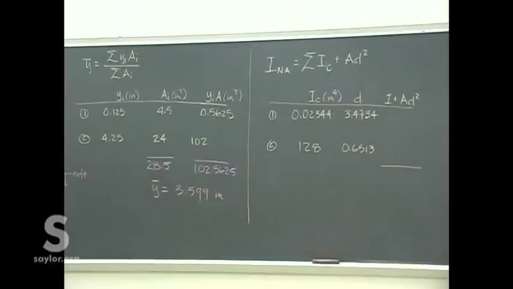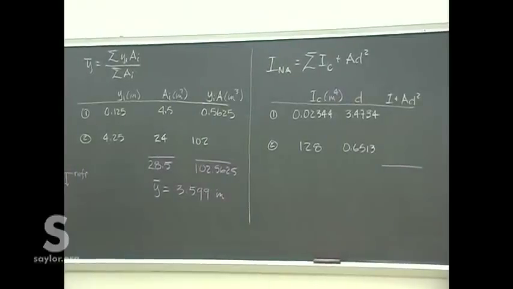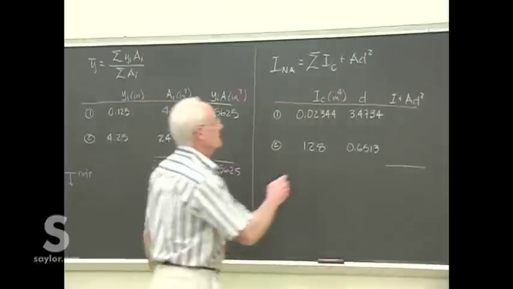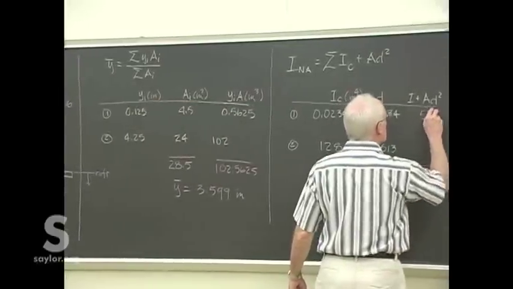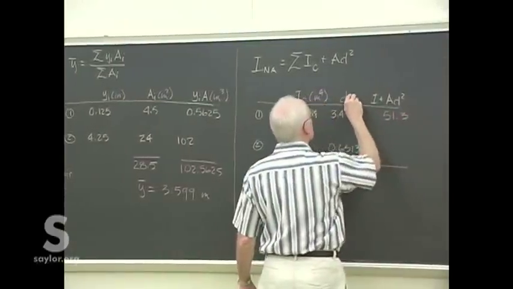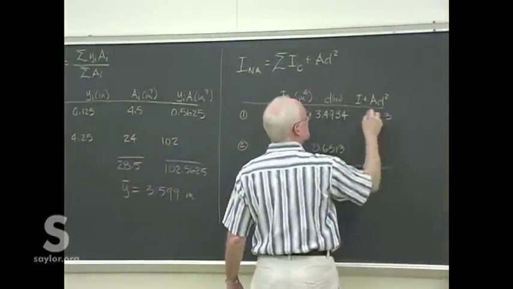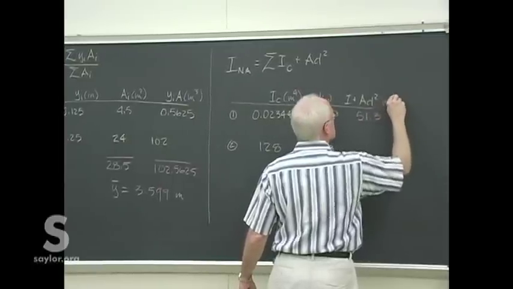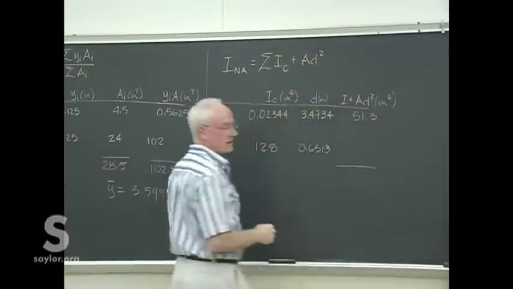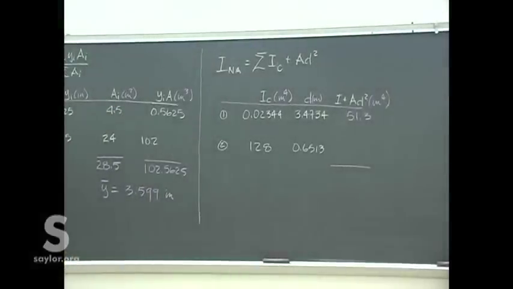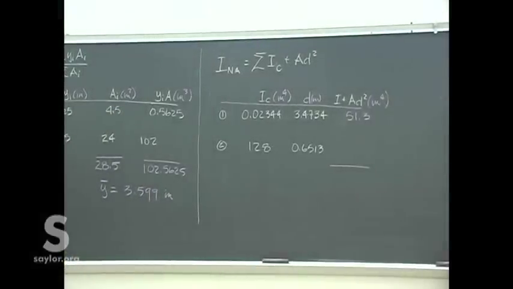One of the few times we don't have to worry in the least about minus signs. Okay, so AD squared, A we've already got from the first table, D squared. This becomes 51.3. By the way, that's inches, this is still inches to the fourth. So 51.3 on that last one.